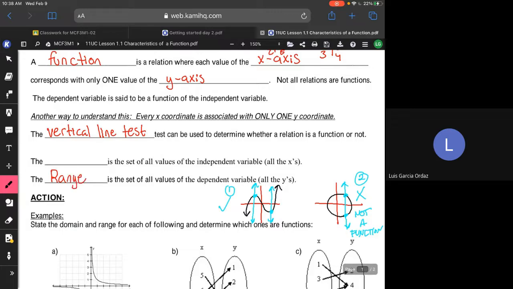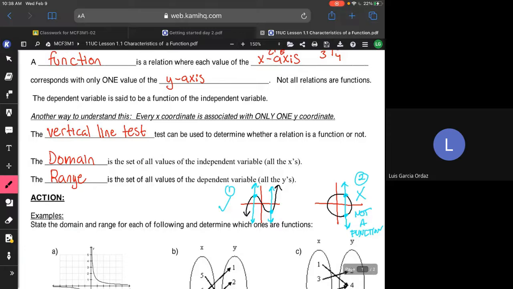Your range has to do with the values in the y-axis, and your domain has to do with your values in the x-axis. What that basically means is where does your graph exist in the x-axis? Can the graph go through all of the x values, or does it start at one x value and stop at another x value?